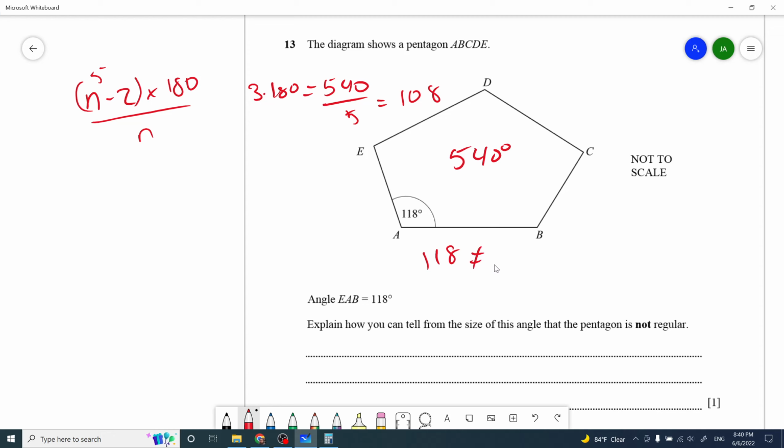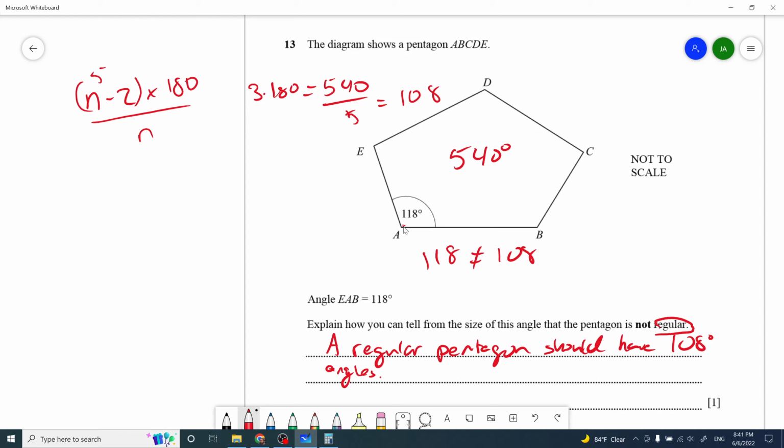Well, 118 is not 108, so we can say that a regular pentagon should have 108 degree angles. And you could say something about how every angle should be the same if it is regular.